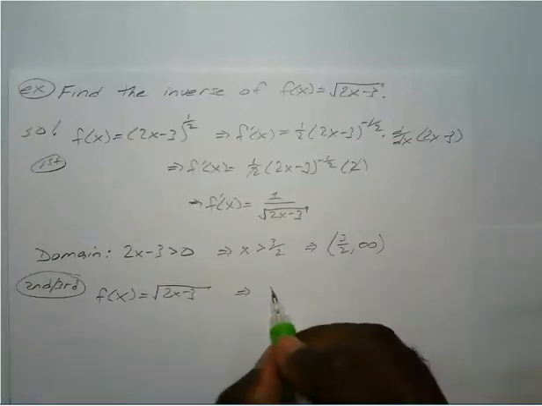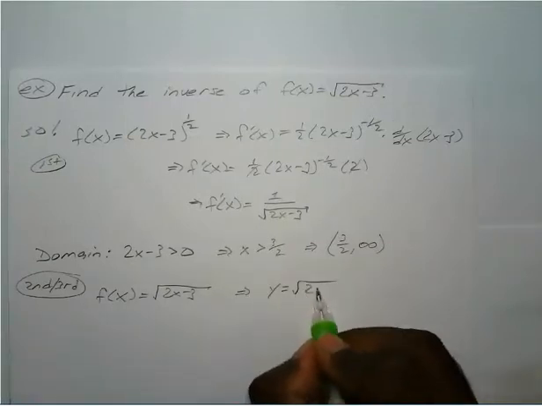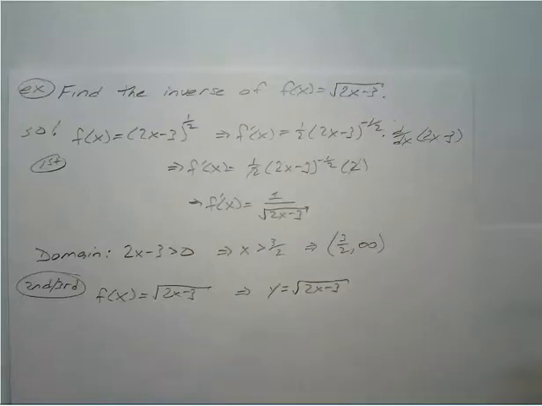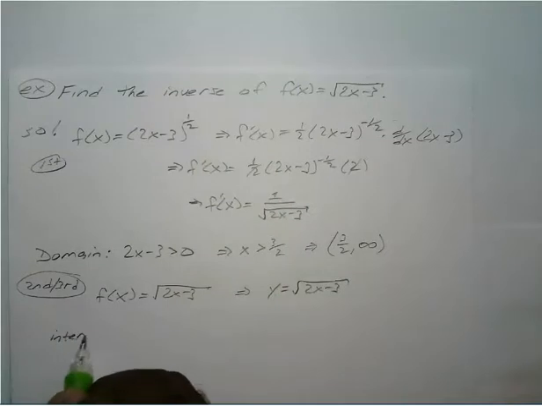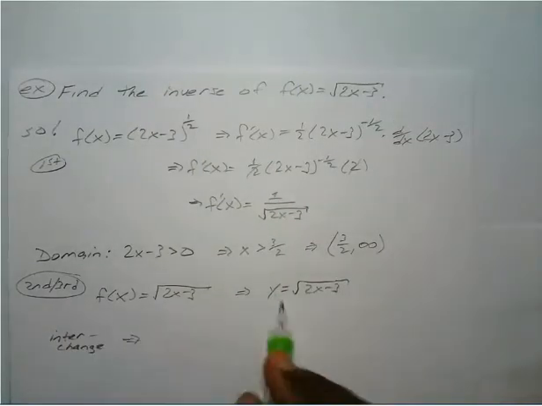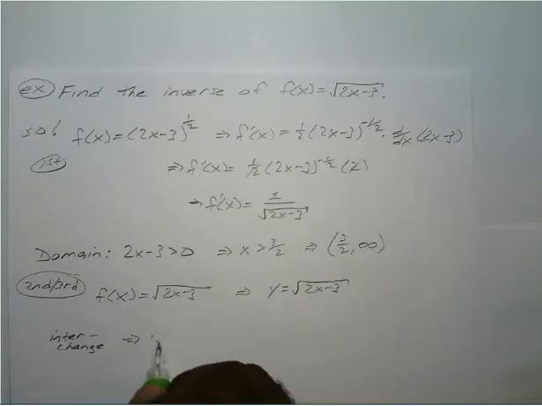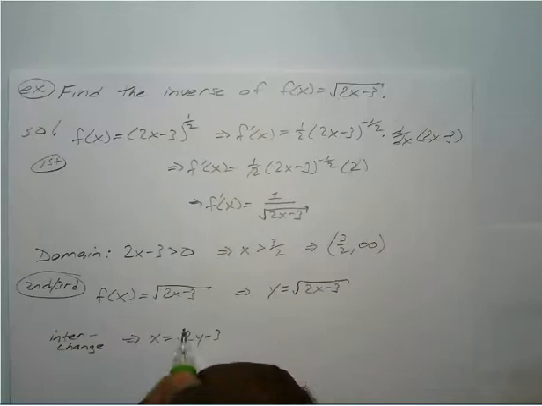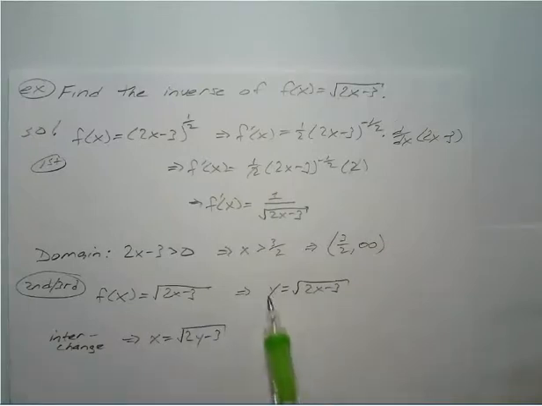It's the same as saying y is equal to the square root of 2x minus 3. So now we interchange our x and y. So instead of y is equal to that, we make x equal to the square root of 2y minus 3. All we did was swap our x and y.